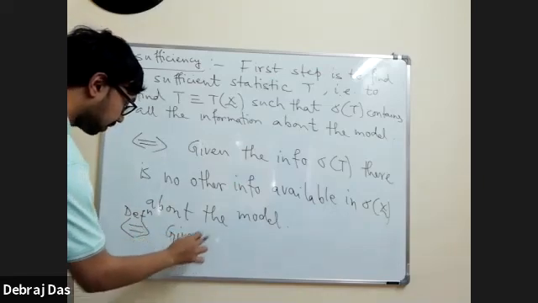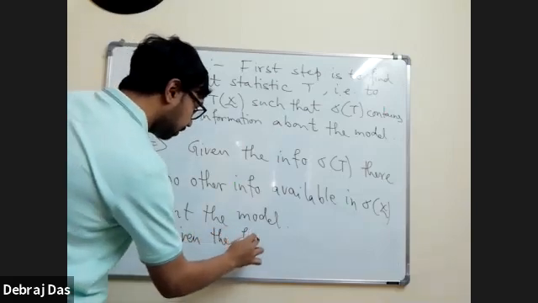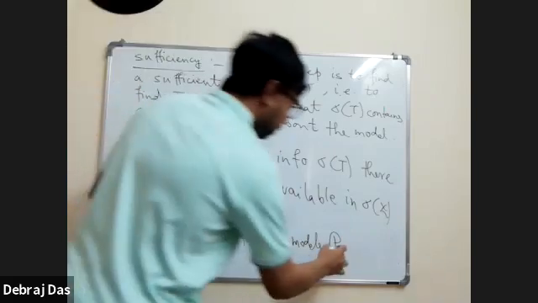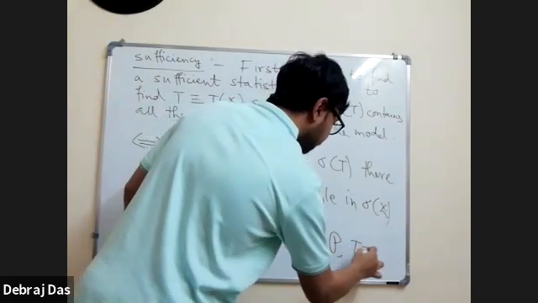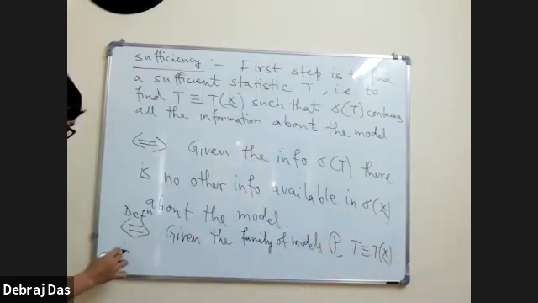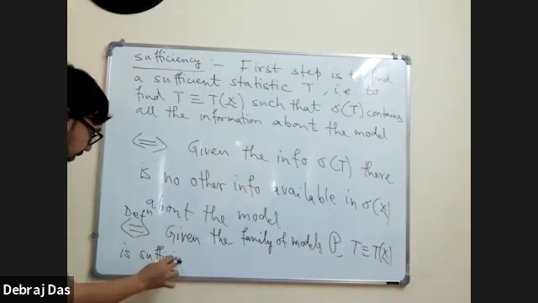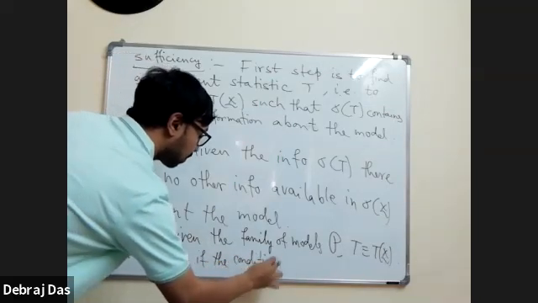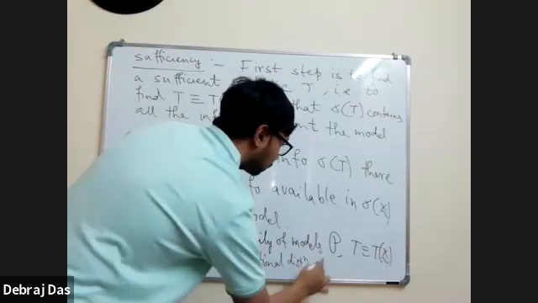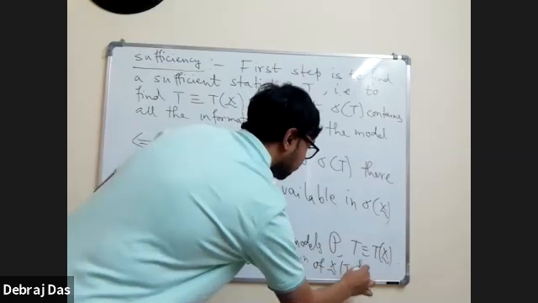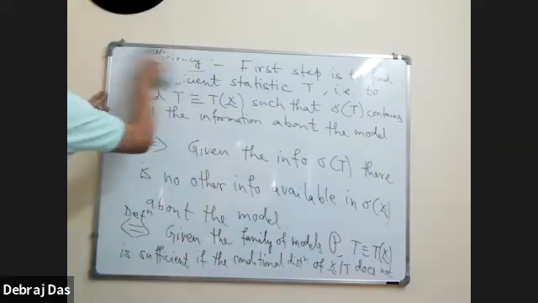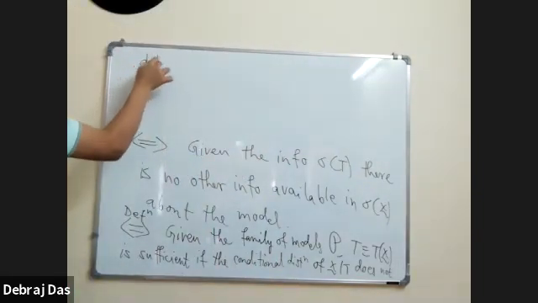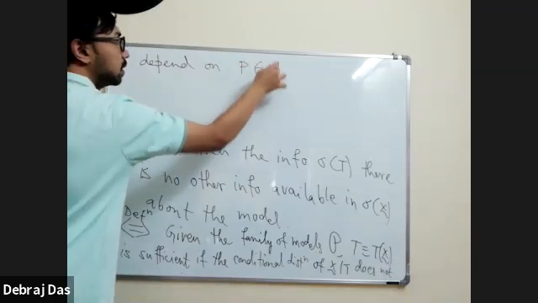Given the family of models, T is sufficient if the conditional distribution of X curl given T does not depend on P belonging to the family.